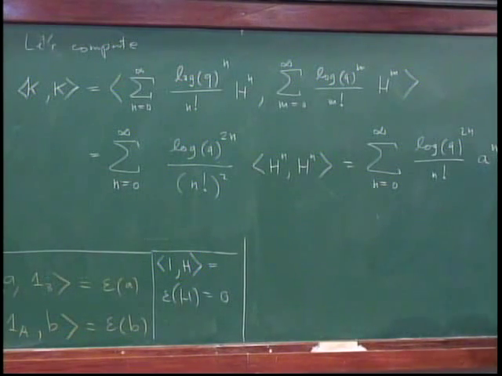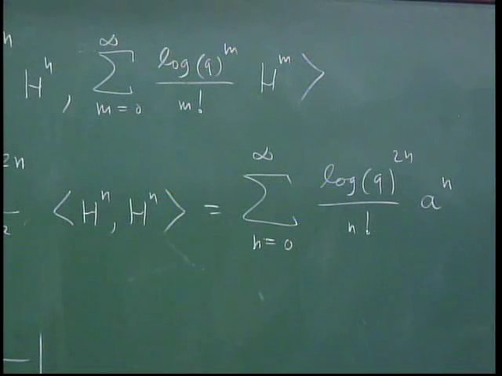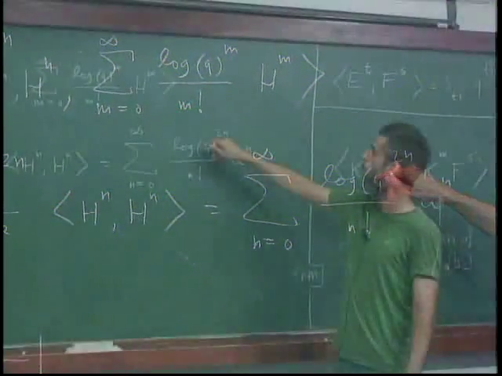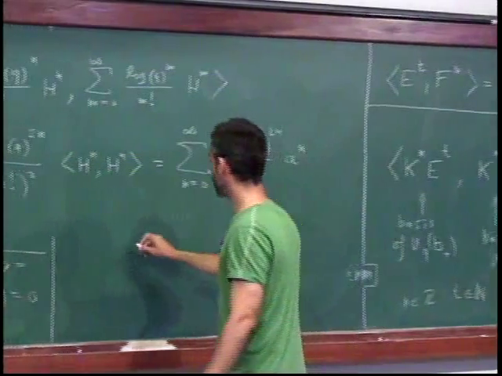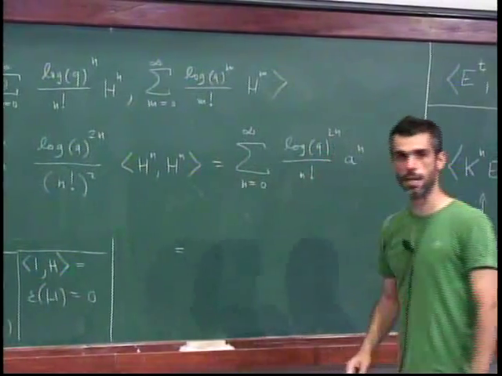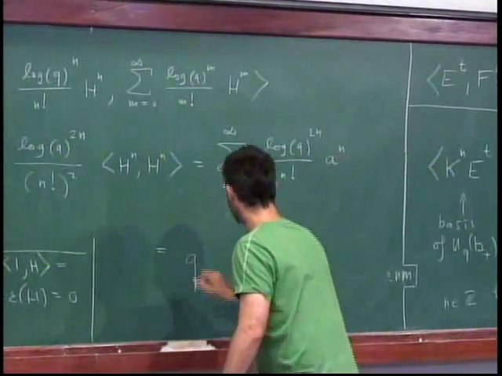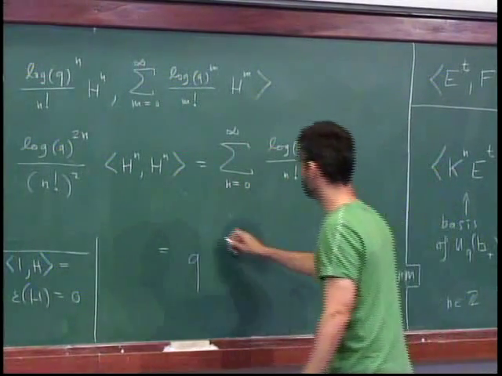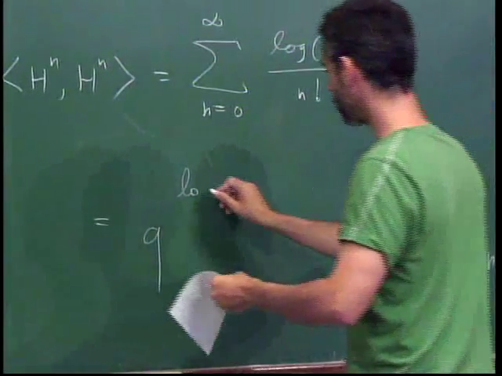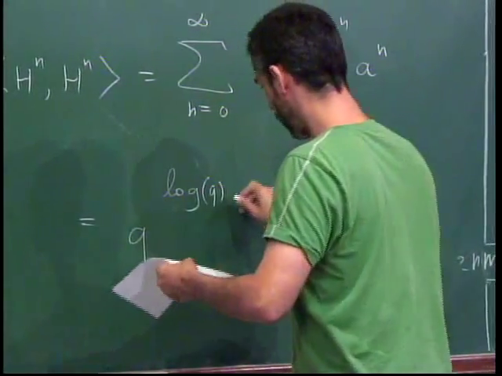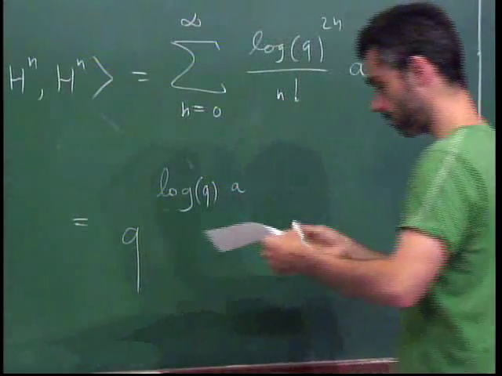So it's a to the n. And we can rewrite this as an exponential of this weird quantity, log q squared times a. But we can also rewrite it as an exponential of something a bit less scary. We can rewrite it as q to the log q times a.